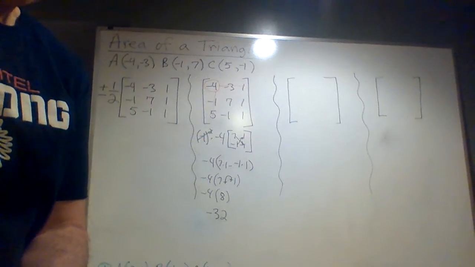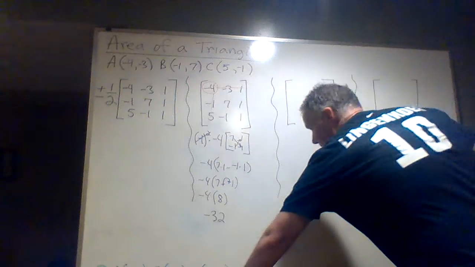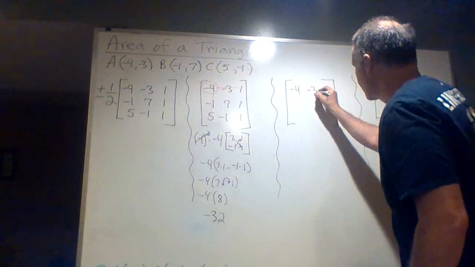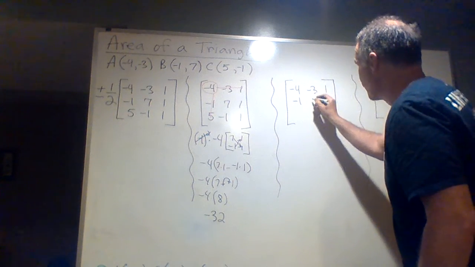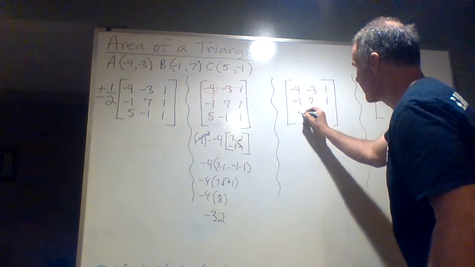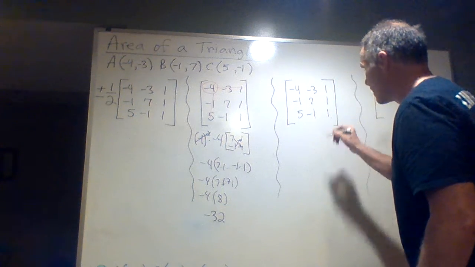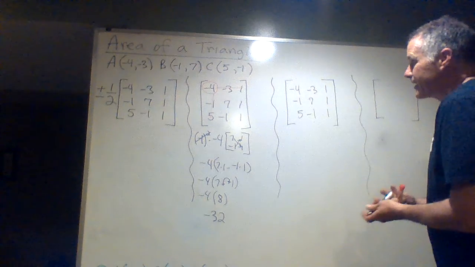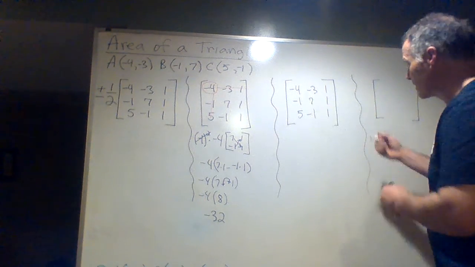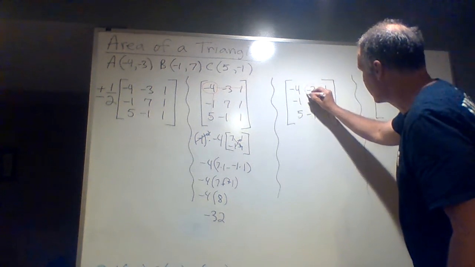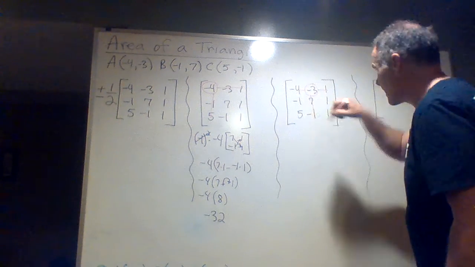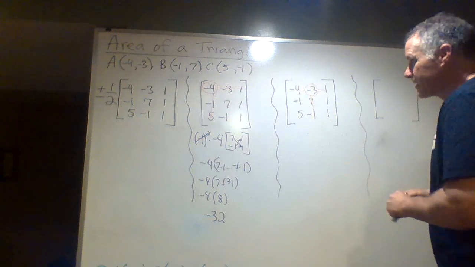Okay, let's keep moving sideways. Okay, let's repeat those numbers in here. So -4, -3, 1, -1, 7, 1, 5, -1, 1. Okay. Now we want to circle the middle number on the top. Cross out the row, cross out the column. Okay.